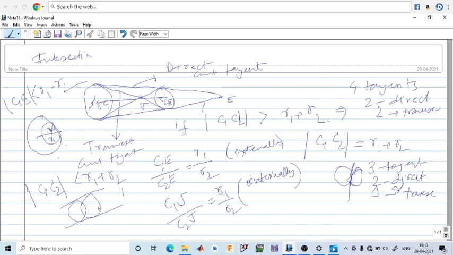Then there will be no direct common tangent because circle S2 is lying inside circle S1, but one transverse common tangent is there, just like this. Circle will be like this and this circle will be like this, right? And all other tangents are imaginary.